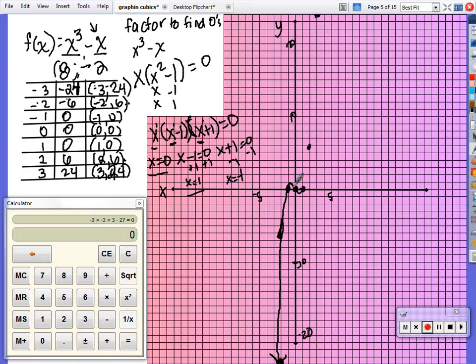But it does have this little jog in it, and it has that little jog because we have the x to the first power in it, and that's what this part of the polynomial creates, that little wavelength going on there, okay?